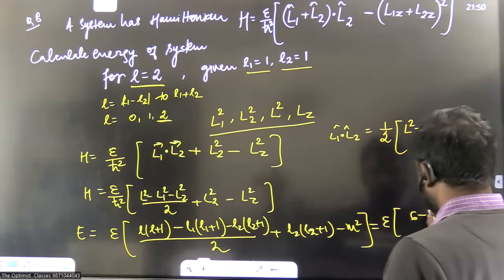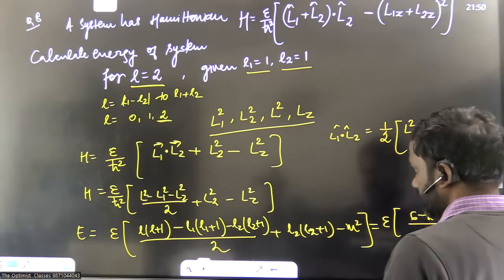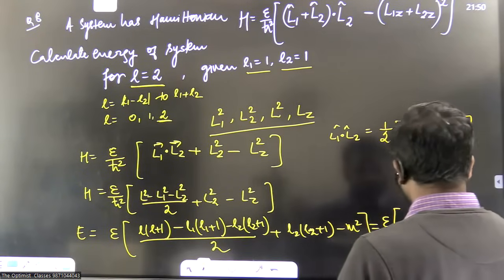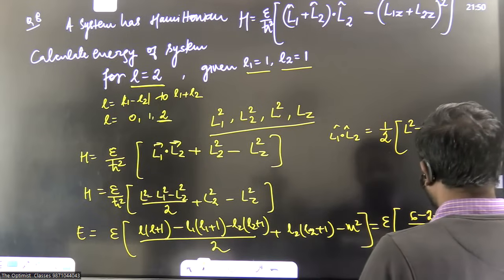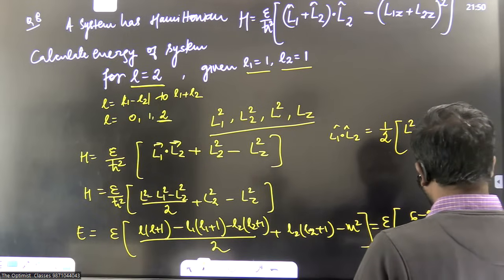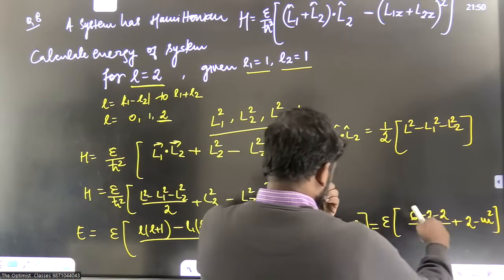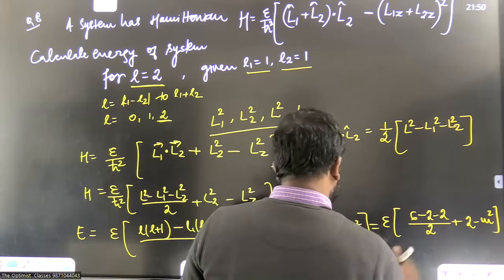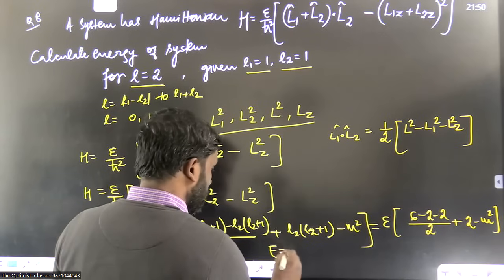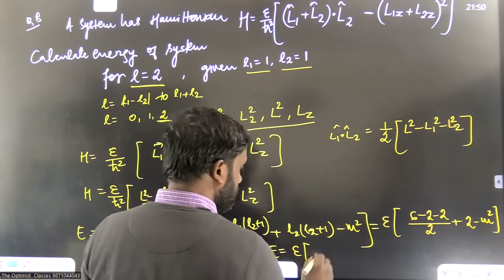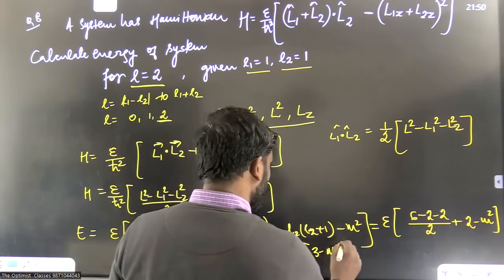So 6 minus 2 divided by 2. And then here, if you put 1, you are going to get 2 minus M square. So this is basically 2 divided by 2, so 1. So the energy that we have gotten is epsilon times 3 minus M square.